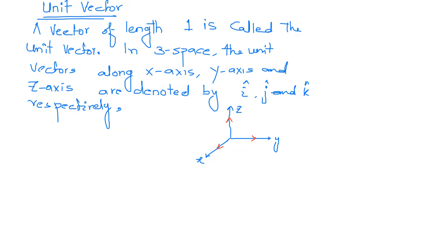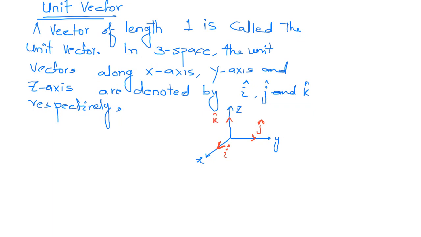For the x dimension, the y and z are 0, so you will get the unit vector for the x component, that is i. Similarly, for y you will get j, and for the z-axis you will get k.